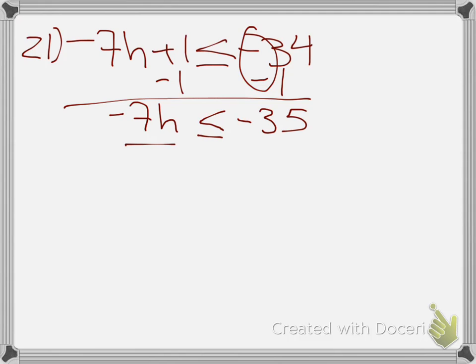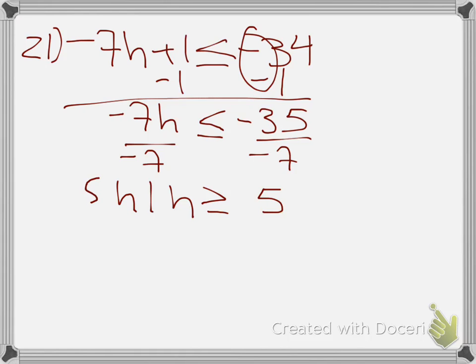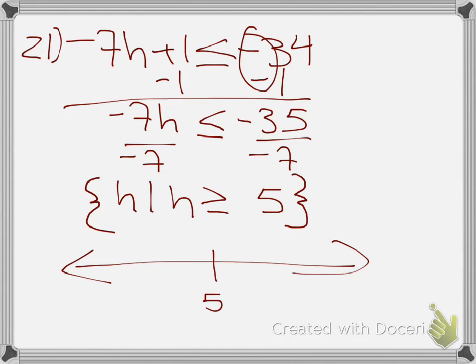Then I'm going to divide by negative 7, which would switch the inequality around and get you a positive 5. Again, set parentheses. At 5, close dot, shaded to the right.